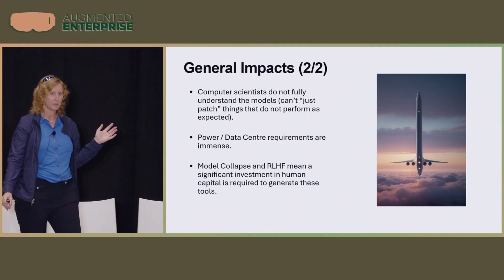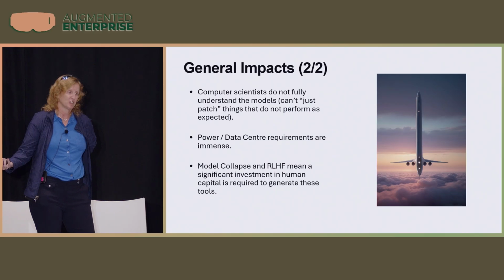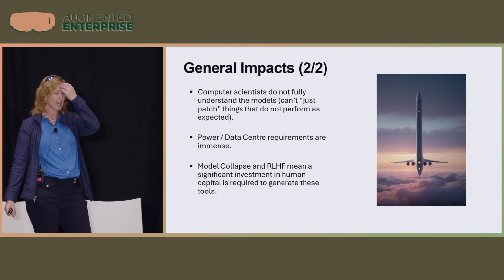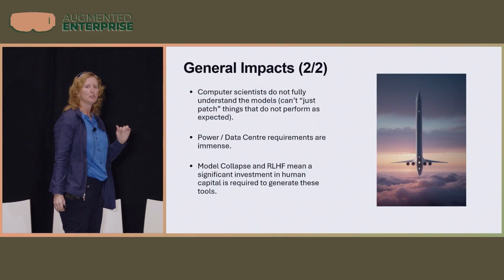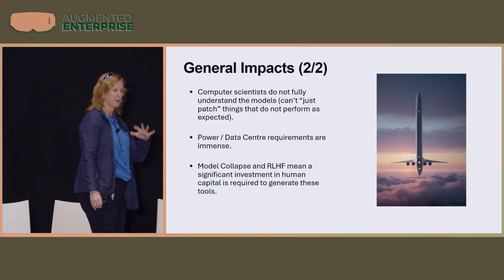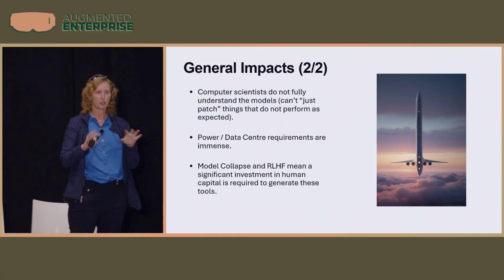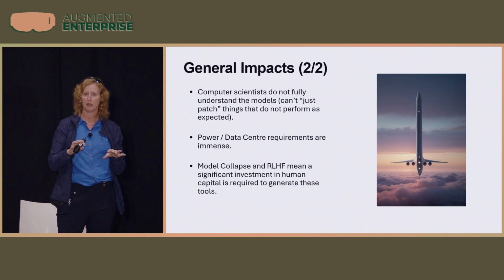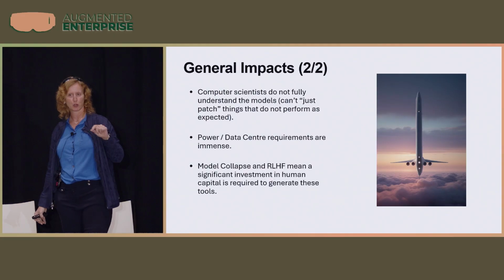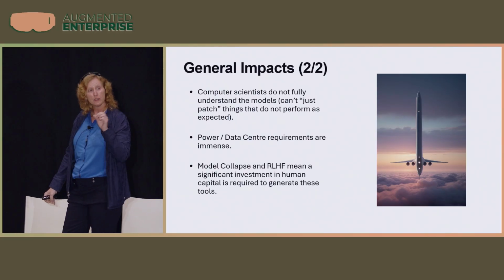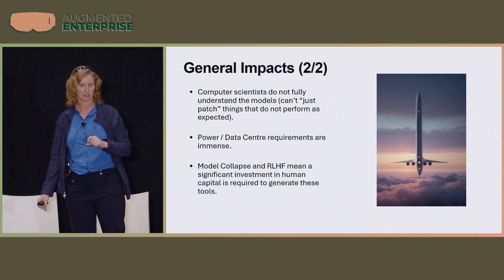Power and data center requirements, if it's $1 billion with a B to build a model, that ain't cheap. Queries, I'll actually throw something in here. I was going to save it for later, but I'll throw it out now. If you look at Google, and you go back about 6 months is when they published this stat, the old version of Google, you go into the search thing and you type a query, used to be 6 cents per query. The new version of Google, backed by Gemini, is 36 cents per query.